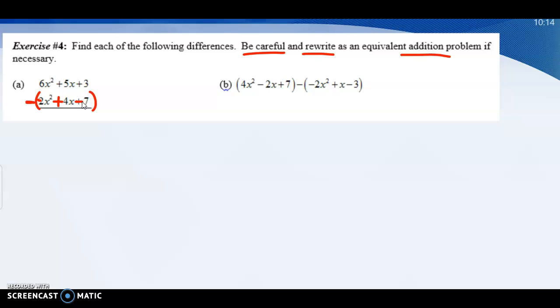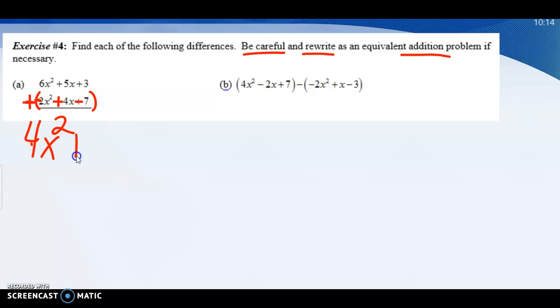So if I've changed all those signs, now I can think of this as really adding these. But again, 6 plus negative 2 isn't adding when the signs are different. We subtract. Now, do we change that exponent? No, it just stays x to the second power because that's the hundreds place.